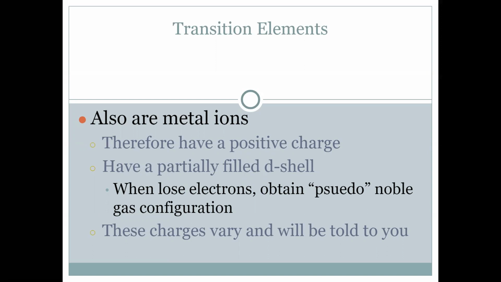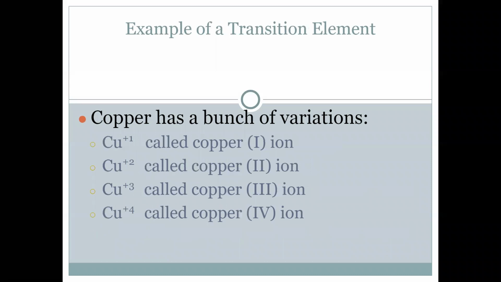Sometimes it could be +2, +3, +4, +1. It depends on the element, and it depends on what that element happens to be bonding with. So we are going to tell you somehow what charge any transition element has if I ask you to do something with it.